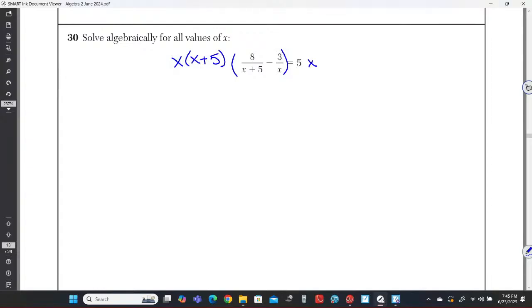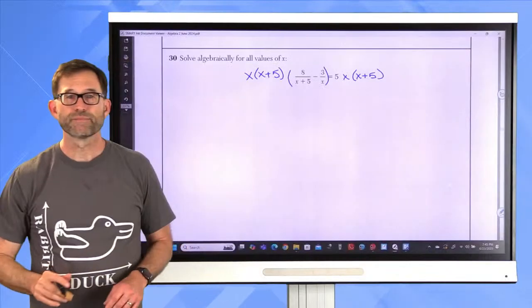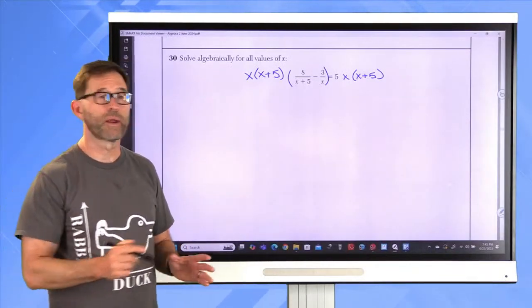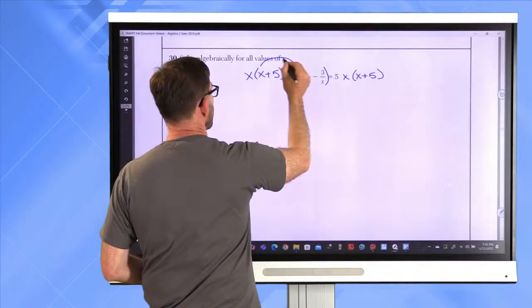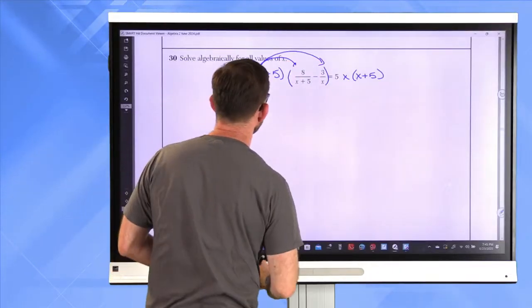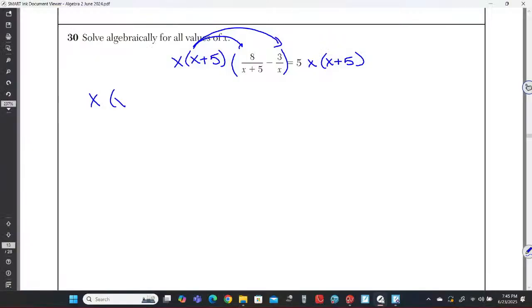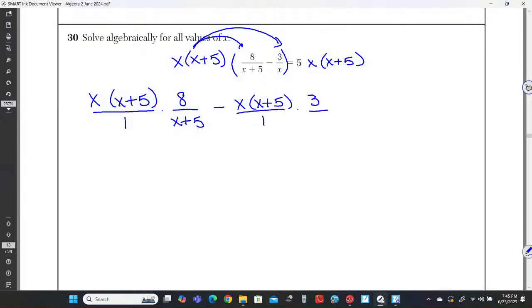And again, real important that we multiply both sides of the equation. All right? Now, once I do that, I'm going to distribute this to both of these things. So I'll have x times x plus 5, and if it makes you feel better, put that over 1, times 8 over x plus 5, minus x times x plus 5 over 1 times 3 over x.